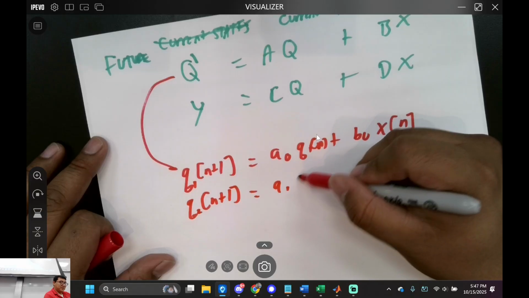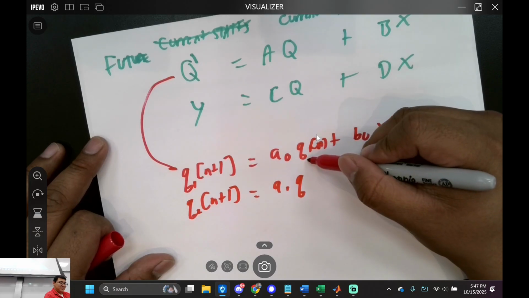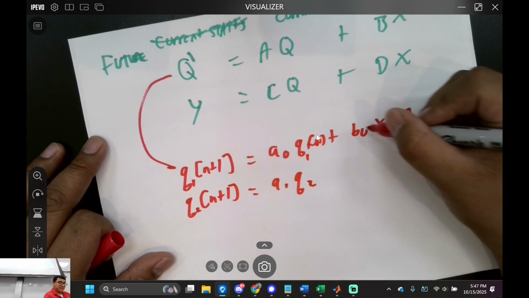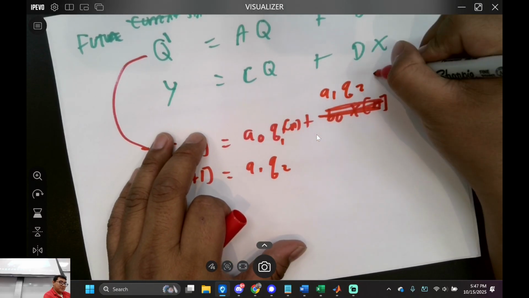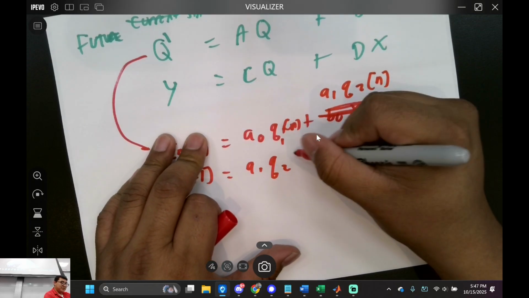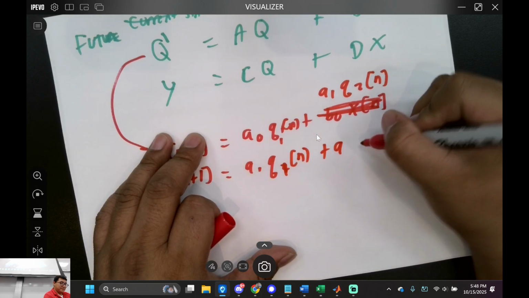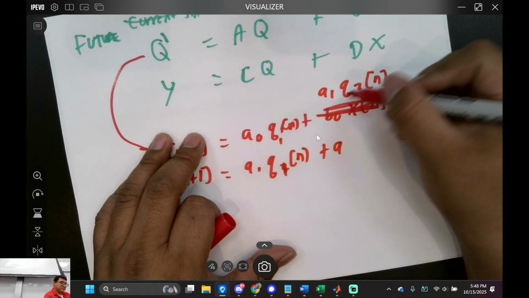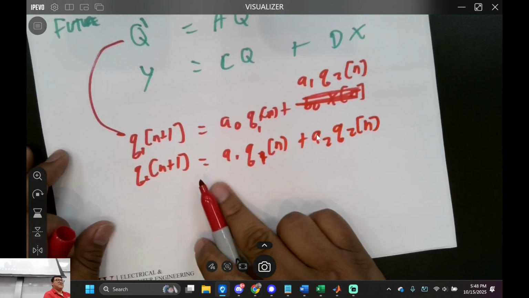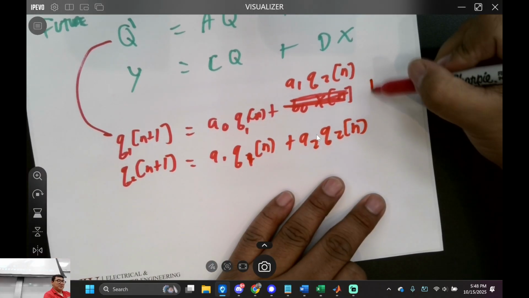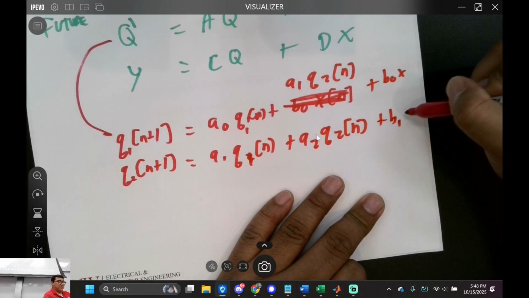I'm just creating some numbers. A1, Q of 2, Q1 of n plus, I don't know, 1, 2, Q of. You see this big fat equation right here, right? And then I'm just going to put some random B0 x, right, plus B1 of x, correct?